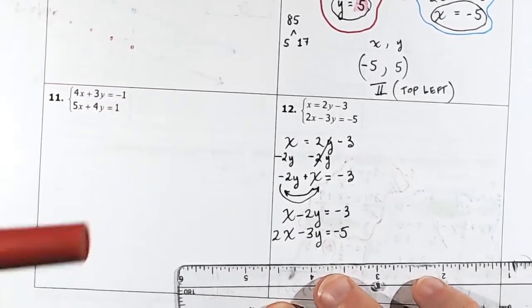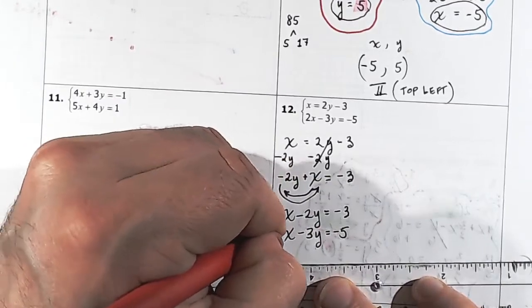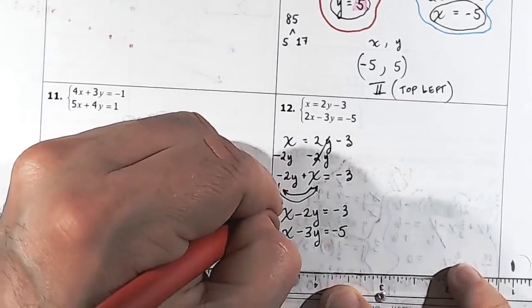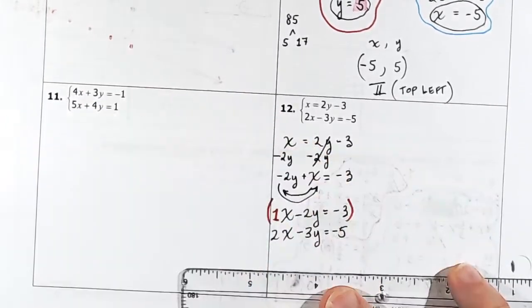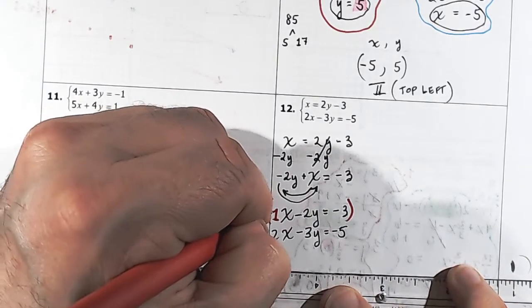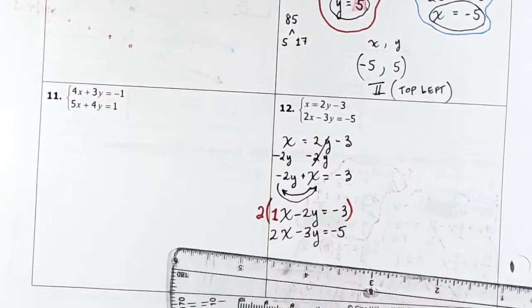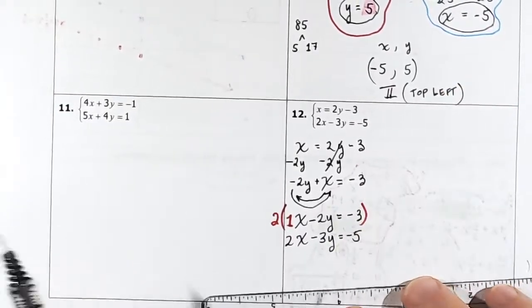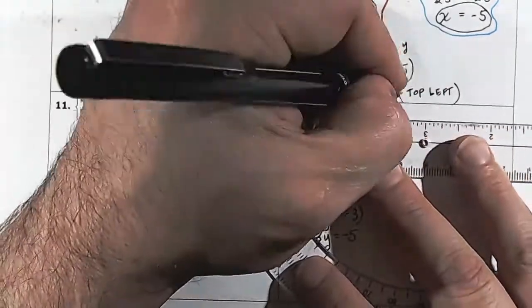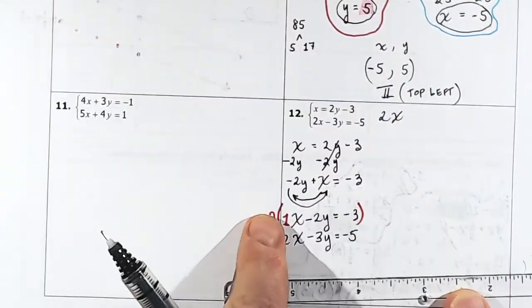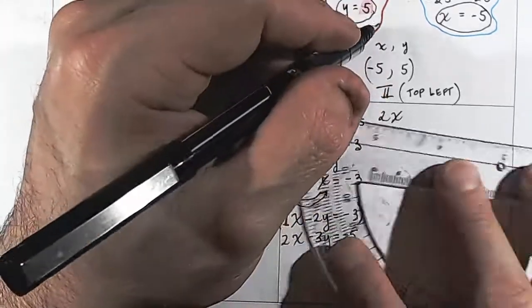And notice that you have here a 1 coefficient and a 2 coefficient, and here's a 2 and a 3. Well, you got to do something. I would recommend multiplying everything in the top equation by 2. All right, and we're going to write our result up here. 2 times 1x is 2x. 2 times negative 2y is negative 4y.